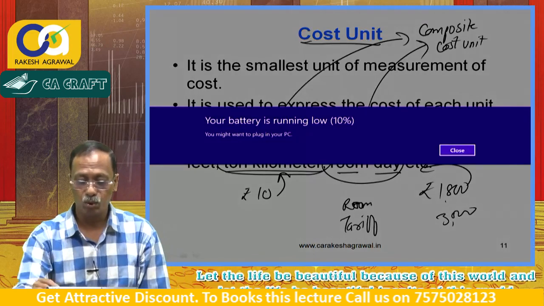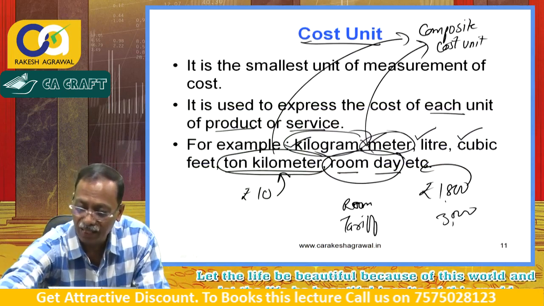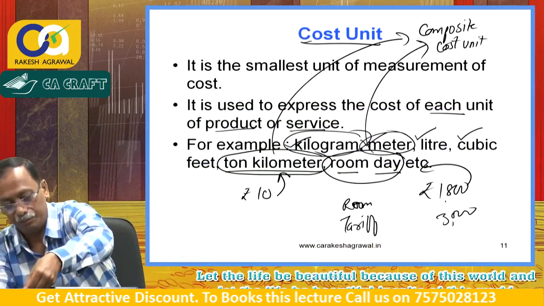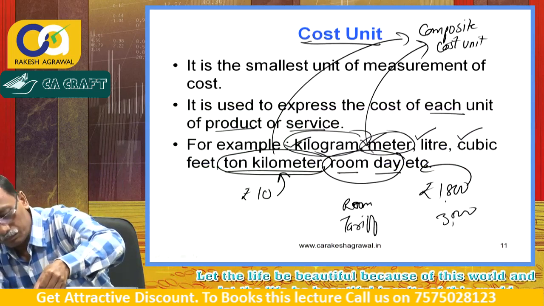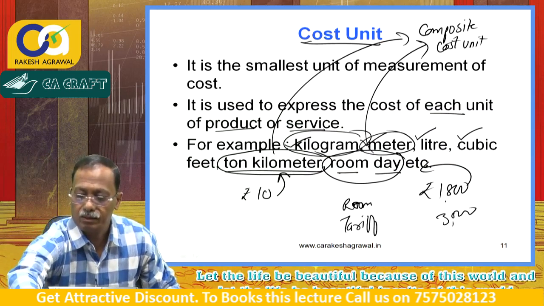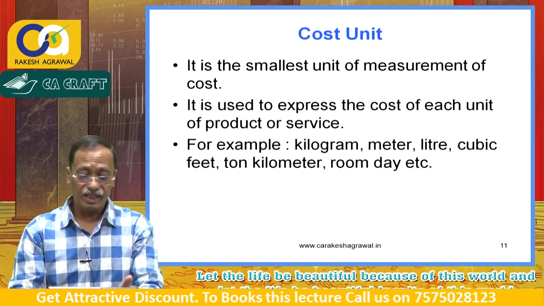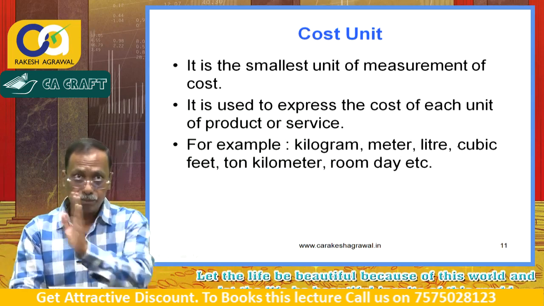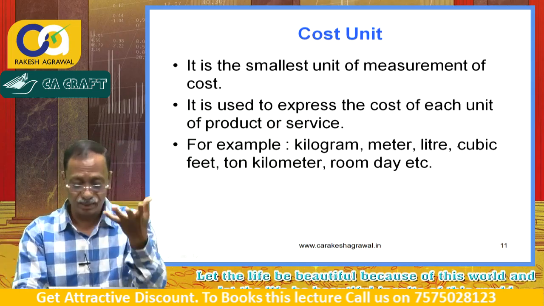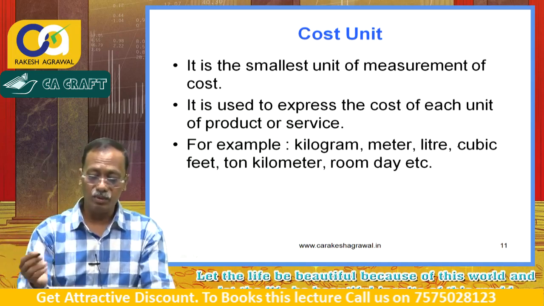If you sometimes go to a hotel for accommodation, the rate will be quoted on a per room per day basis, my dear friends. So this is cost unit. Always express the cost on a per unit basis. Then only it makes sense. So single units and composite units.